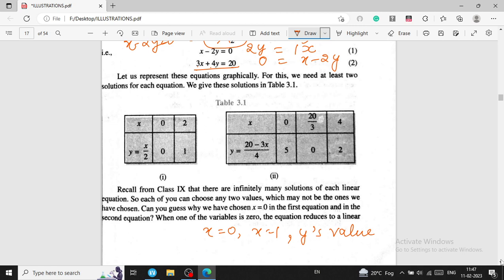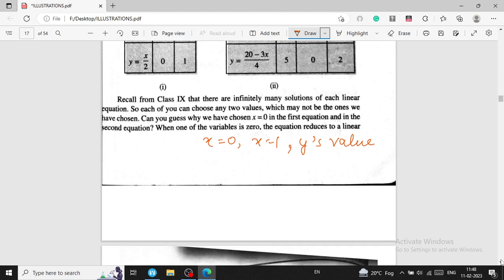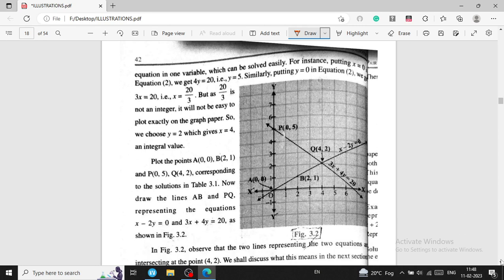But if you do not want to think about which number to take, then you can directly take 0 and 1. This is the easiest method. You can draw each and every graph with these two values. But if you do not know how to draw a graph with decimal points, then you should not try this method. You can think of numbers which give you a round figure, not a decimal value.